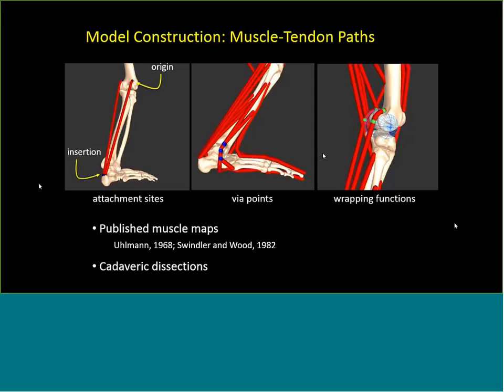And then when we had questions about maybe where the path of one muscle lies relative to another, we were able to conduct some cadaveric dissections to help resolve uncertainty with that. And that was useful in terms of the designing of wrapping functions and the placement of via points, which change the pathway of the muscle at the appropriate point to have it, say, wrap around a bony prominence, or to make sure that 2 muscles don't cross through each other, which of course is not anatomically realistic.